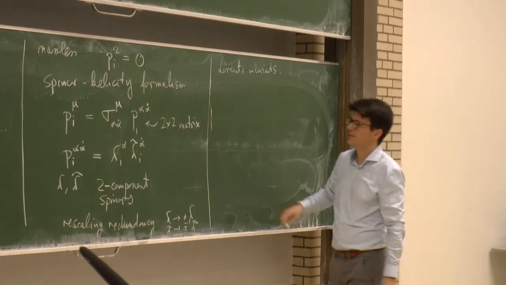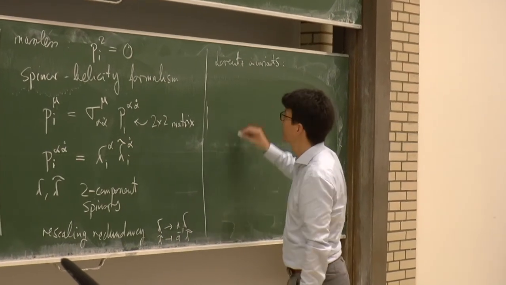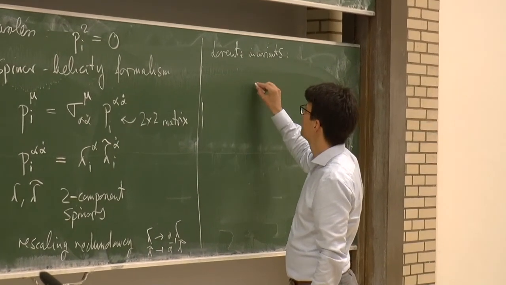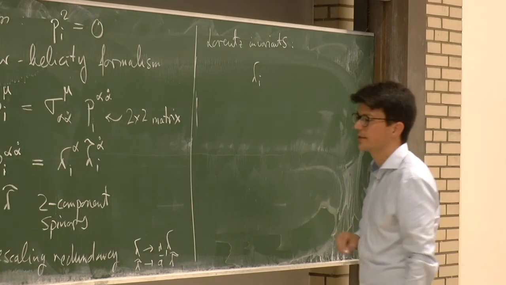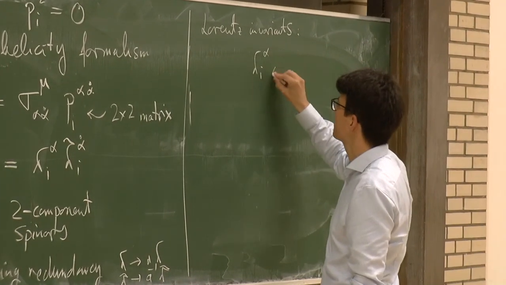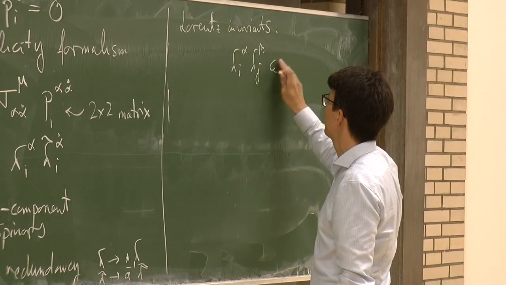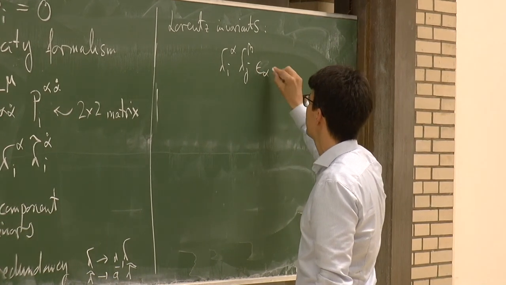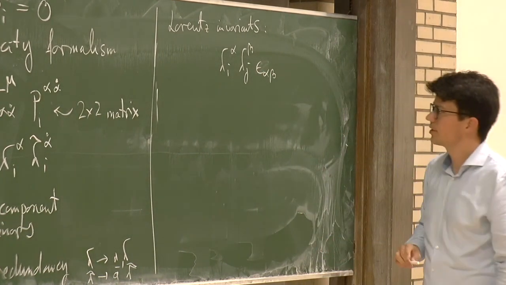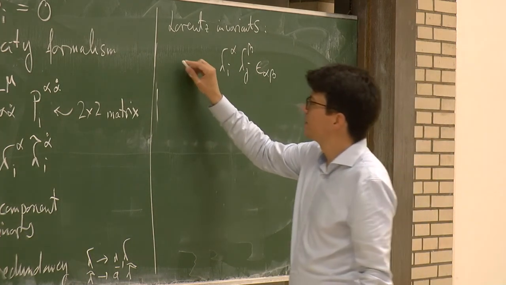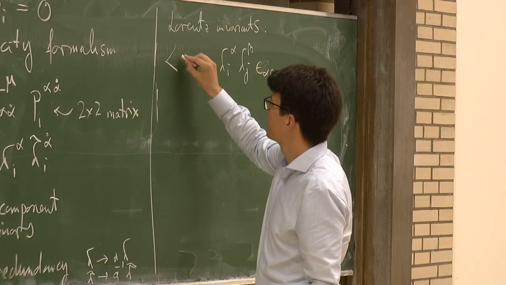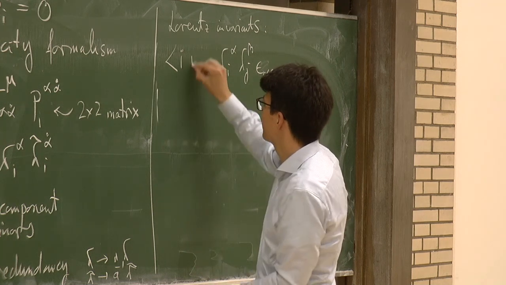So we can build Lorentz invariants by contracting indices. For instance, we can take any two lambdas and contract them with the antisymmetric tensor in 2 dimensions. This we will denote in some shorthand notation just as ij.